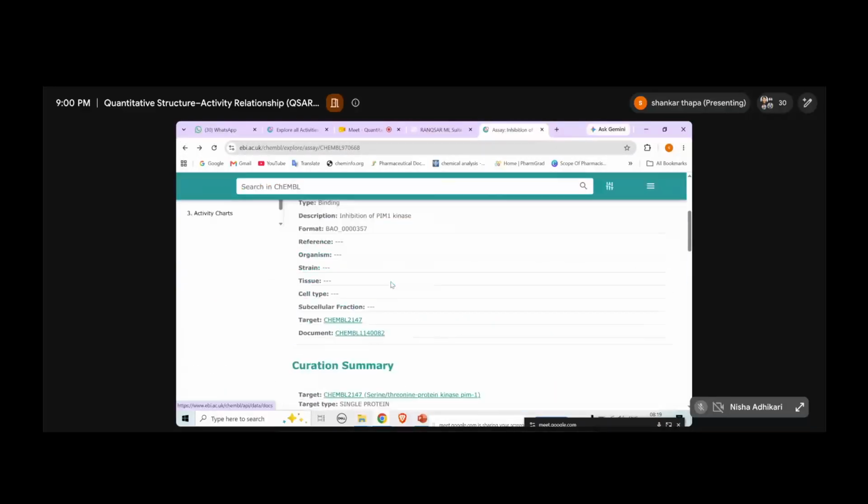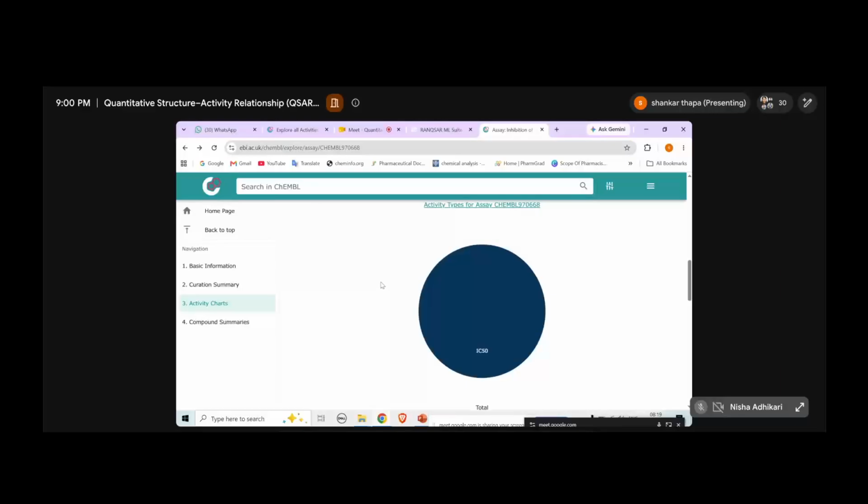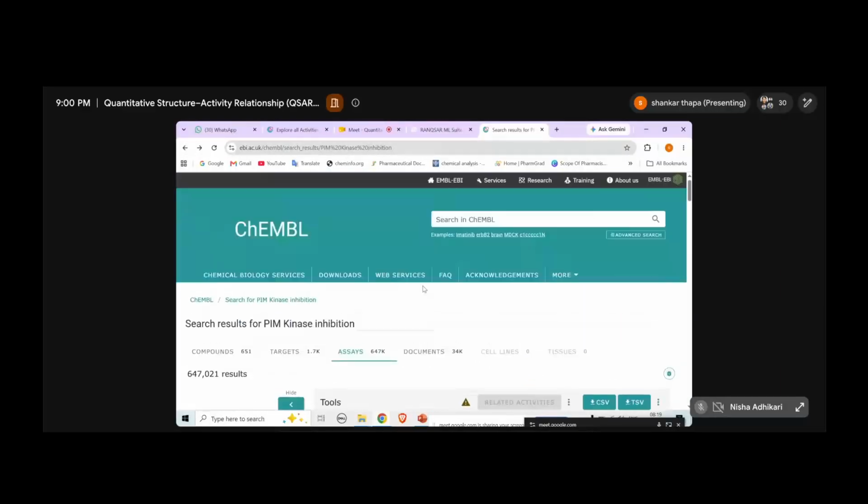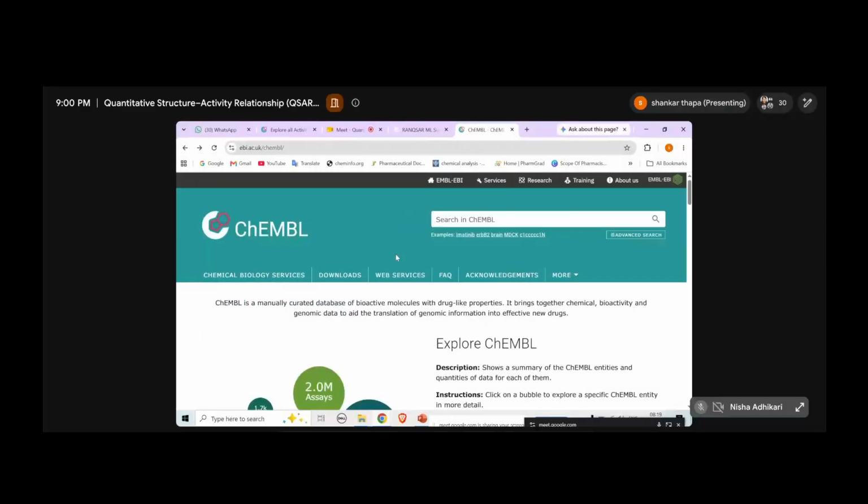It's simple: just go to IC50, click, and download. After downloading, you have to prepare the file, which I will teach tomorrow, because it is not required in today's software. For today's software, nothing is required. It's very simple.